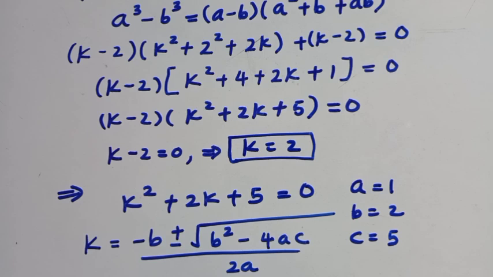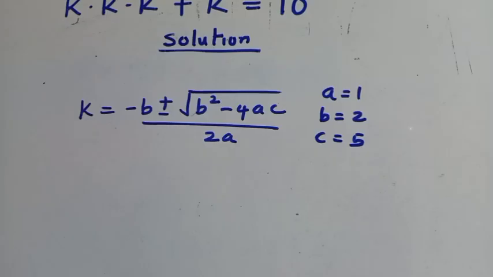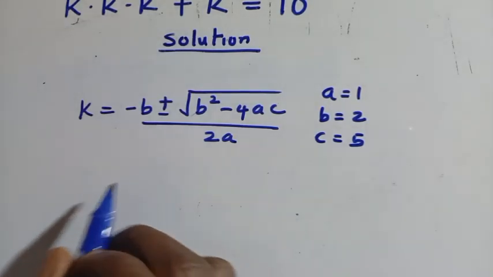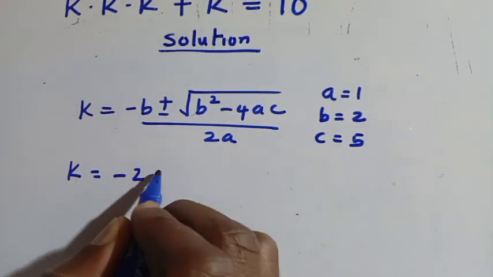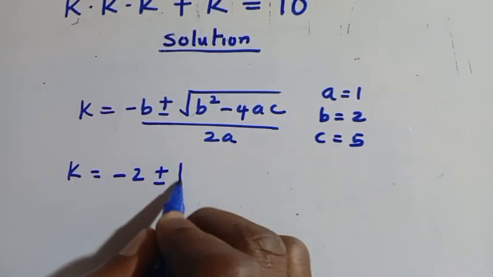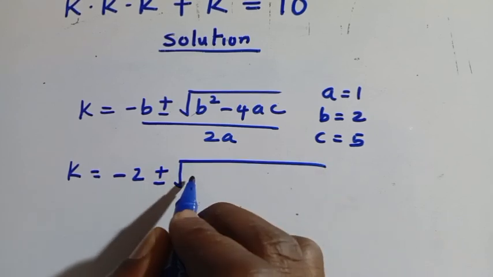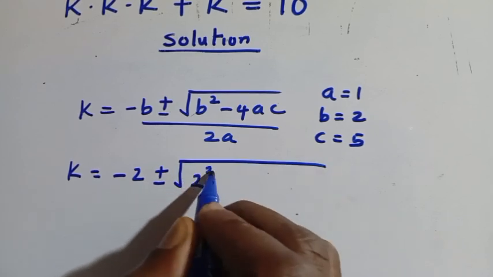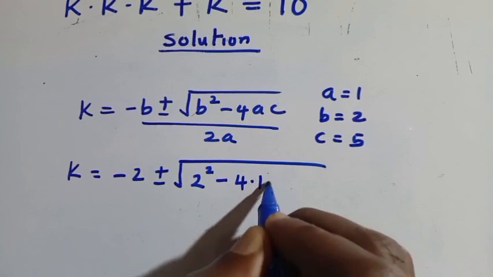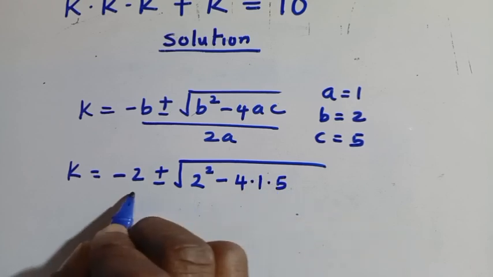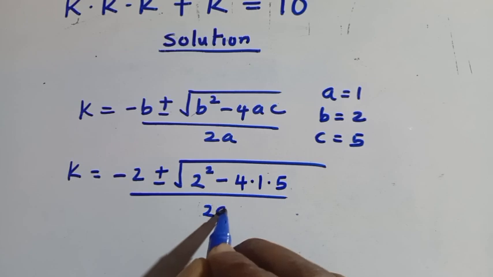Then we are going to substitute all these values in this quadratic formula, and we get the other two solutions. So let's start inputting the values. We have k equals minus 2 plus or minus square root of 2 squared minus 4 multiplied by 1 multiplied by 5, divided by 2a.